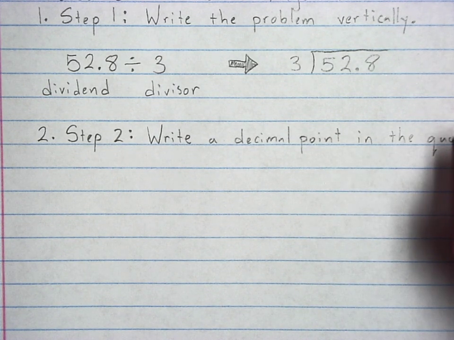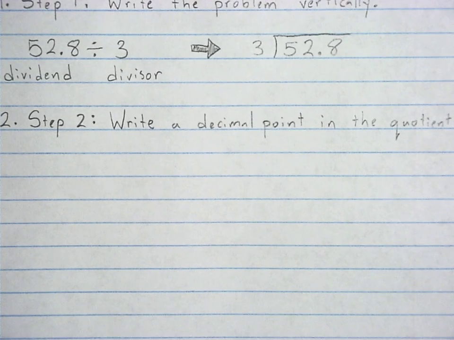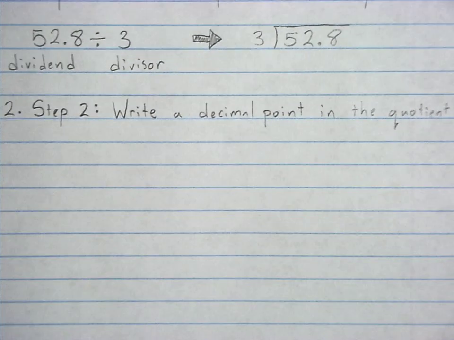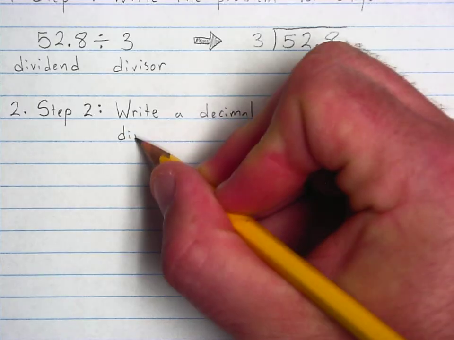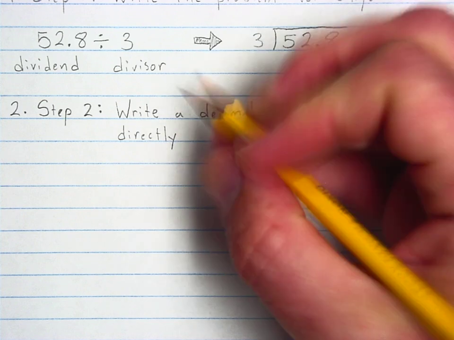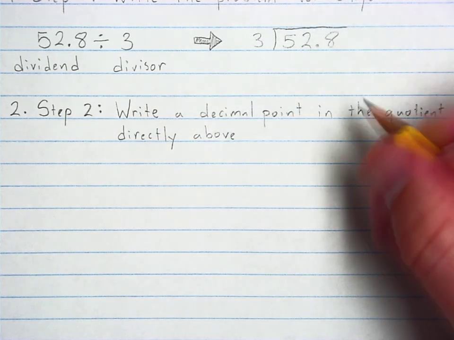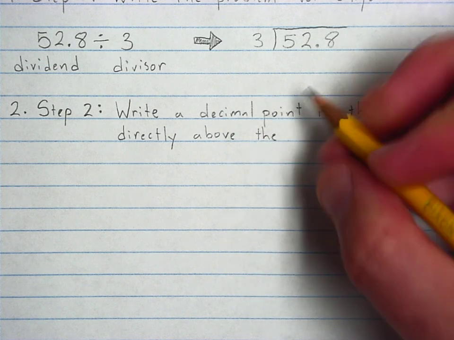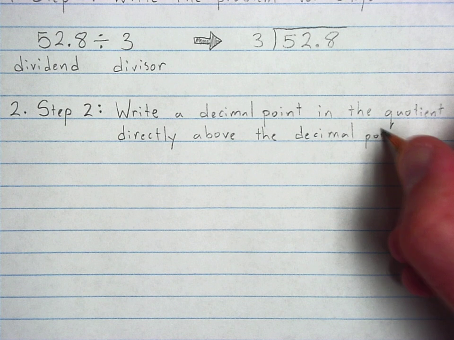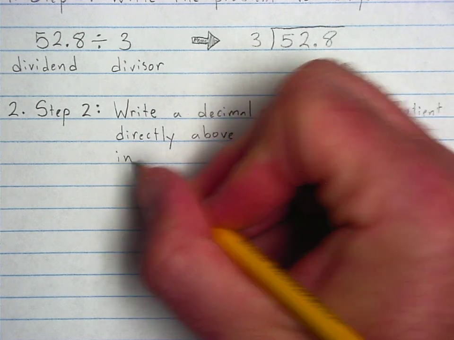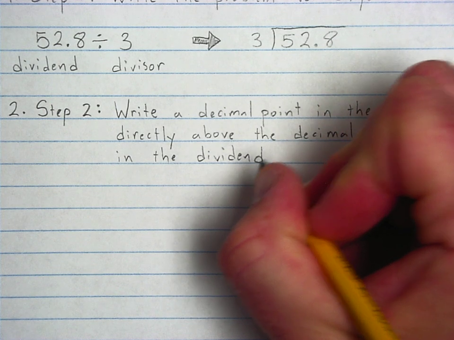There's that word again. Okay, I'll slide it over so that shows up. Write a decimal point in the quotient directly above the decimal point in the dividend.